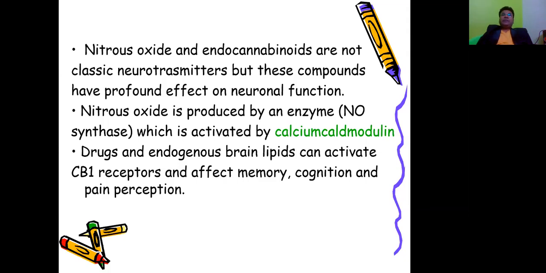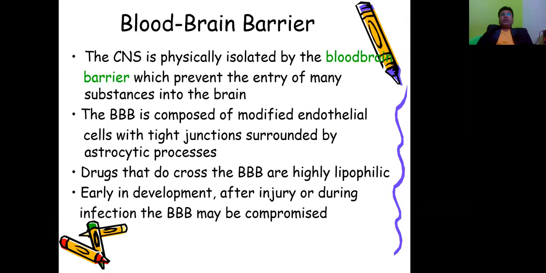Now, what is the blood-brain barrier? The central nervous system is physically isolated by the blood-brain barrier, which prevents the entry of many substances into the brain. The blood-brain barrier is composed of modified endothelial cells with tight junctions surrounded by astrocytic processes.